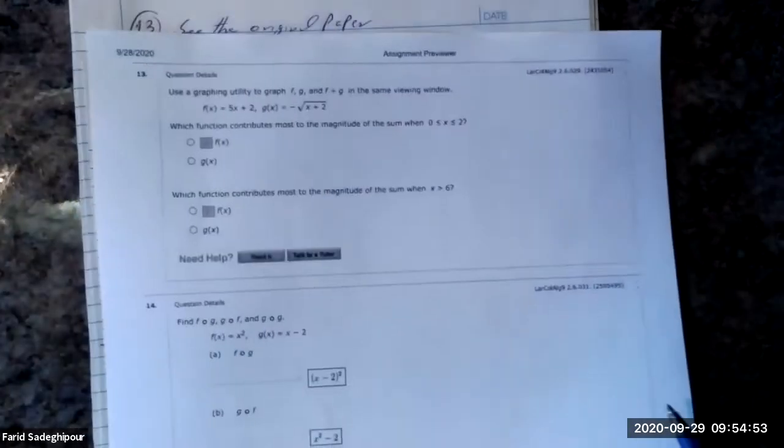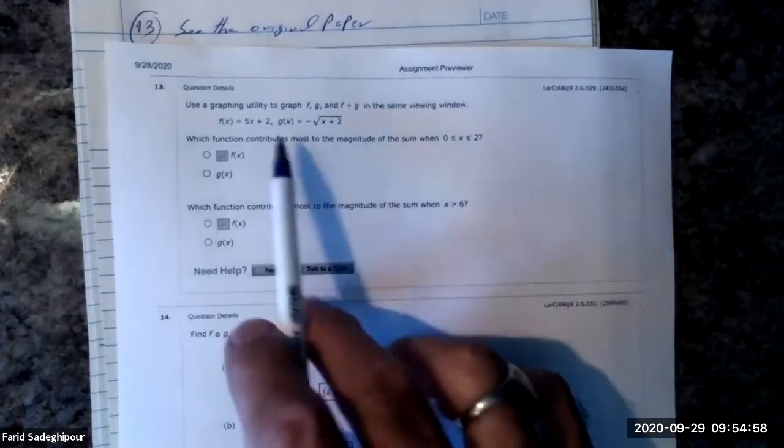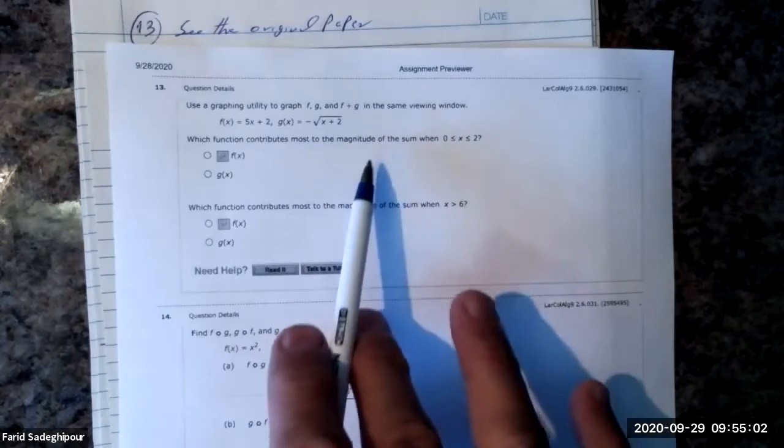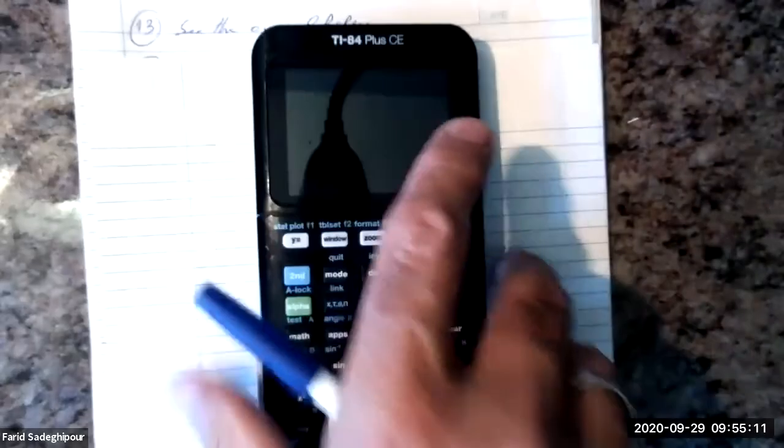Thirteen is very similar to that. Let me see what problem 13 is here. See, use a graphing utility to graph f of x equals 5x plus 2 and g of x is that. And then answer the questions, what happened here. So what you do is you just go here.